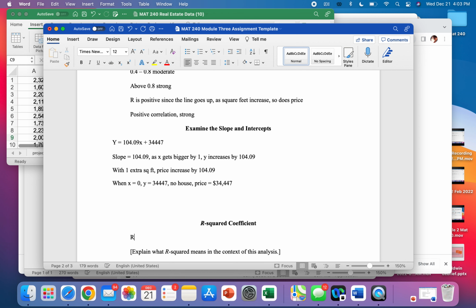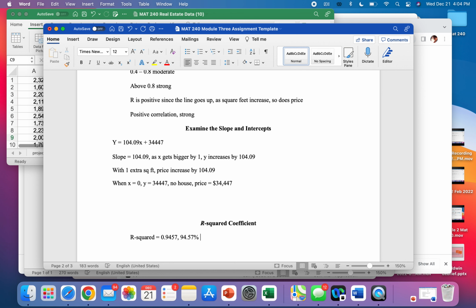Now what R squared means. Let's state our value. R squared equals 0.9457. Now that's mine. We change it to a percent when we think about this: 94.57%.